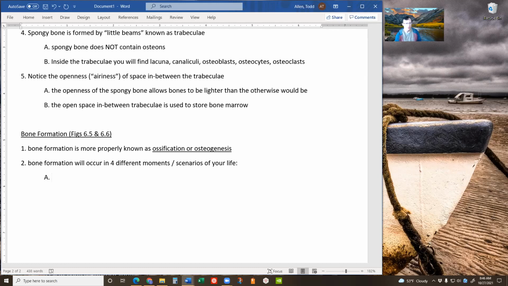Obviously, when your skeleton is first being created before you're ever born, when you're an embryo and a fetus, right? There is a technical difference between embryo and fetus in terms of the time of development during the pregnancy, but I won't worry about that at this moment. When your early fetal skeleton is first being created, obviously that is a moment where bone formation is going to occur. So, during formation of your fetal skeleton before birth.